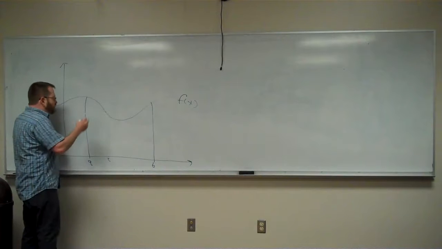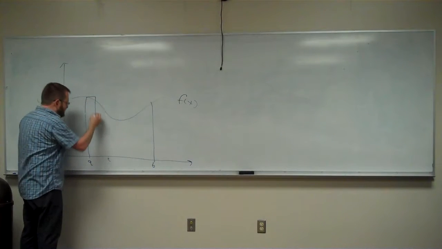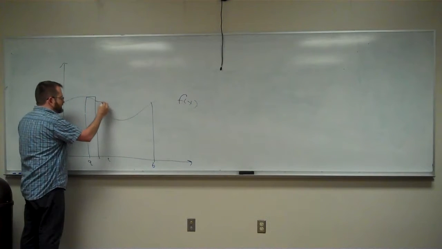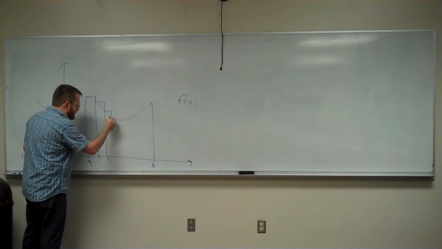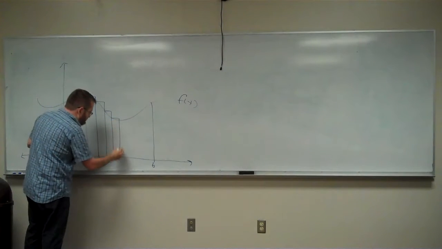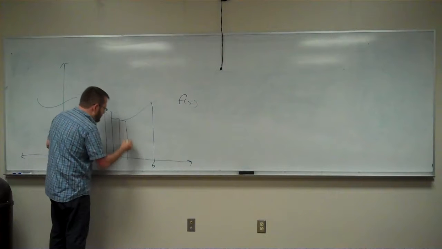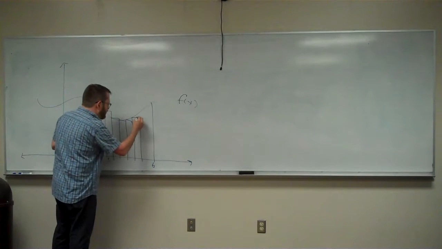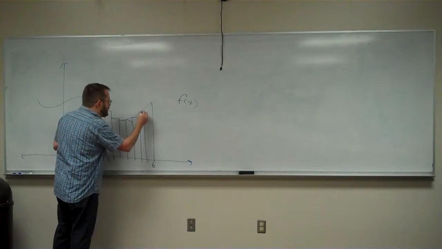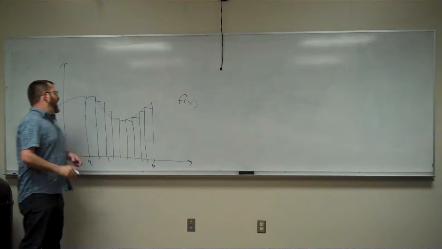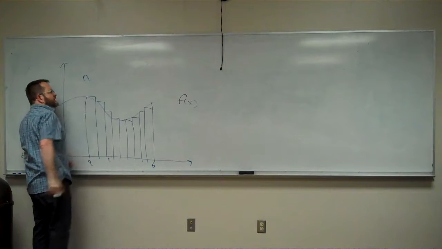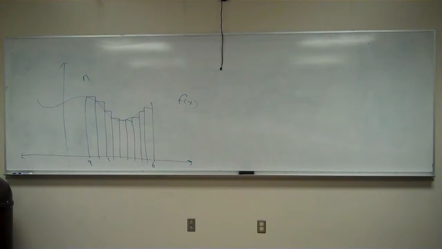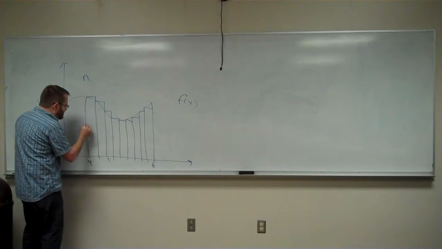But that's kind of only an idea. What we did the other day is we divided this up into little pieces, these little rectangles. And we said, let's make n little rectangles. Each of those n little rectangles has some width.